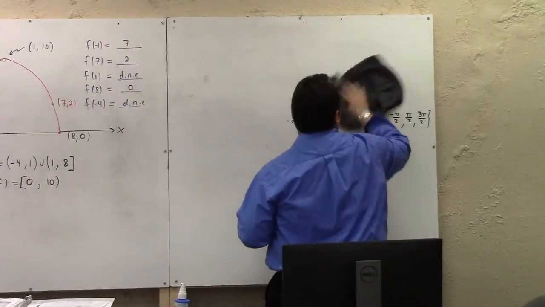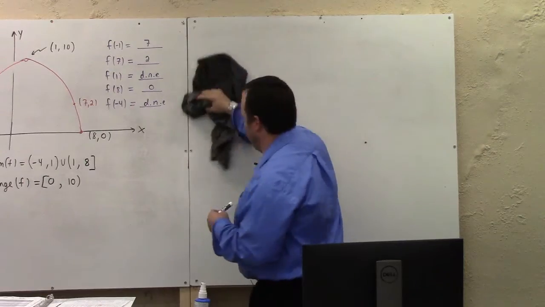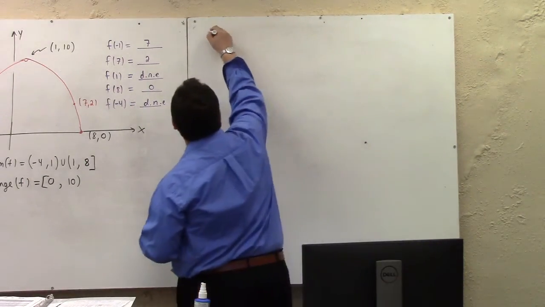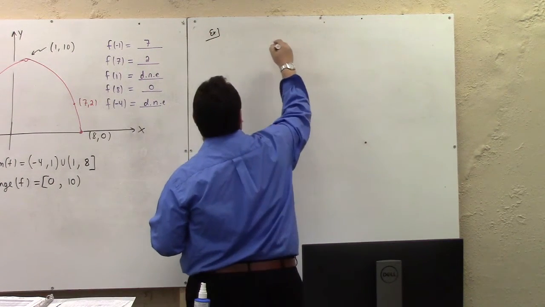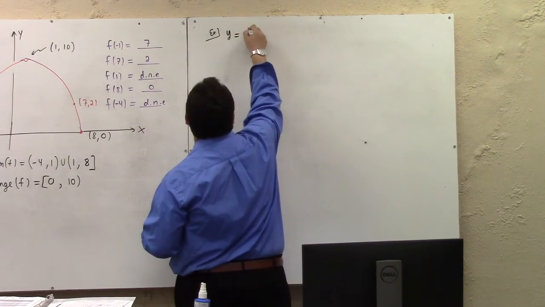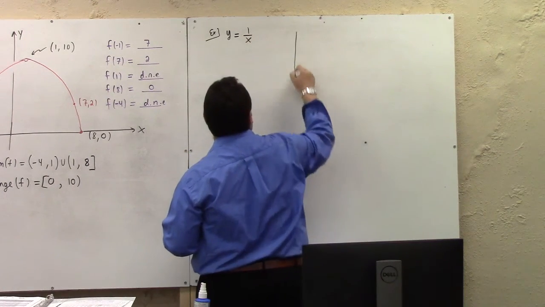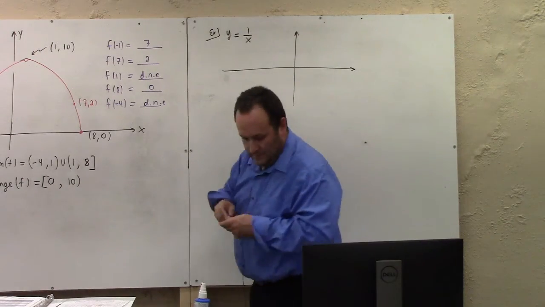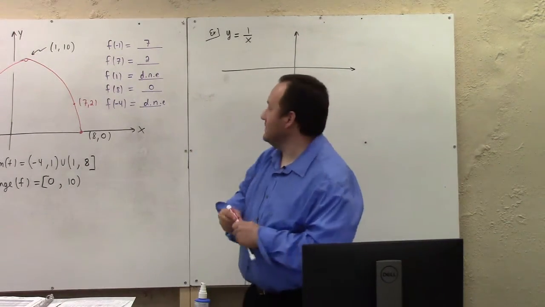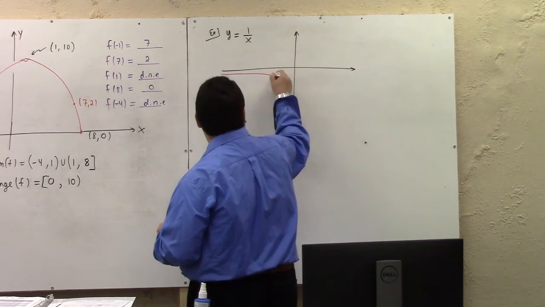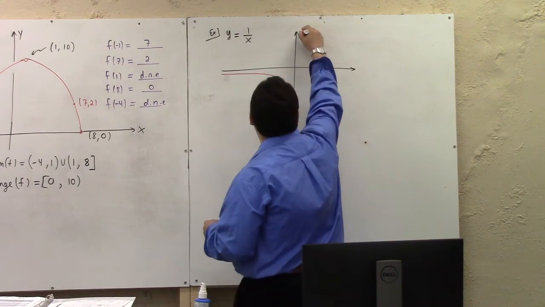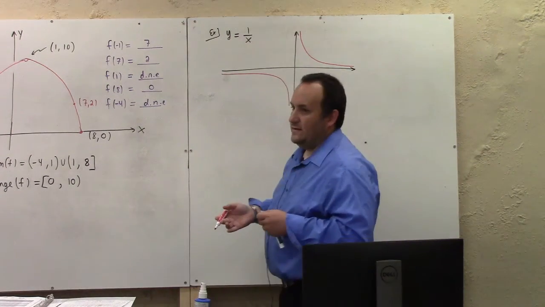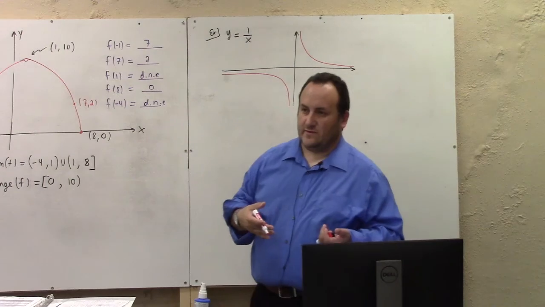Sometimes we have something called a vertical asymptote, and so we could have, for example, y equals 1 over x. If you graph this thing, it looks kind of interesting. It's negative over here, right? It's positive over here. Actually, this function's interesting in that it has both horizontal and vertical asymptotes.